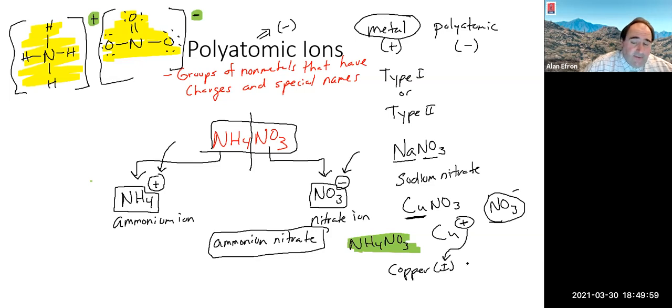And again, instead of doing the -ide, we just use the whole name of the polyatomic ion. And this becomes copper Roman numeral 1 nitrate. So most of the time, our polyatomic ions are going to be hooked up with a metal. We do follow that metal rule. If it needs a Roman numeral, put it in. If it doesn't, then don't. But basically, we do the type 1, type 2, and then the whole name of the polyatomic ion. Any questions on that there?